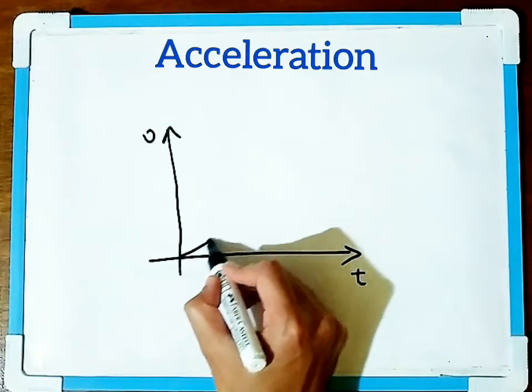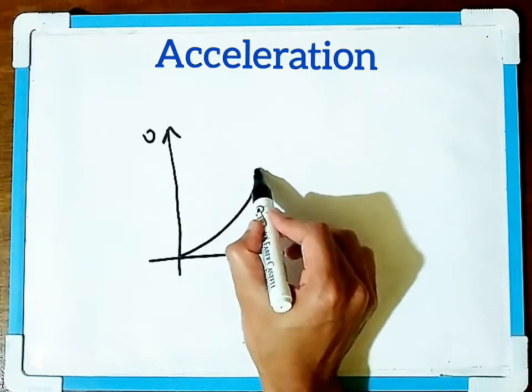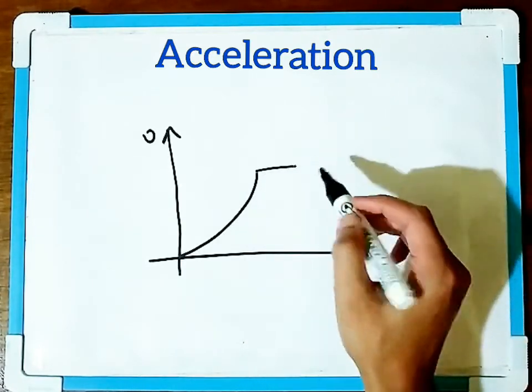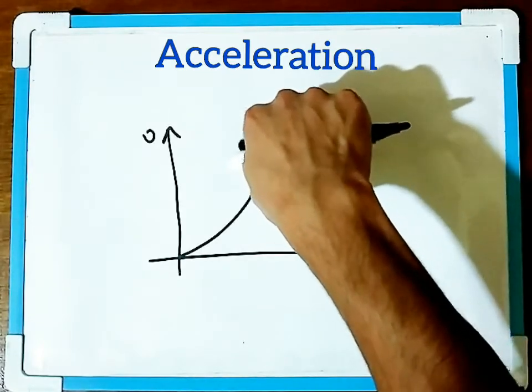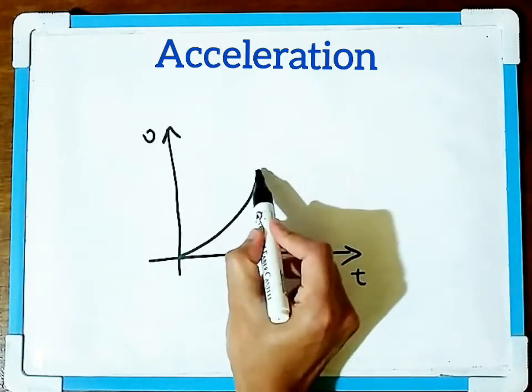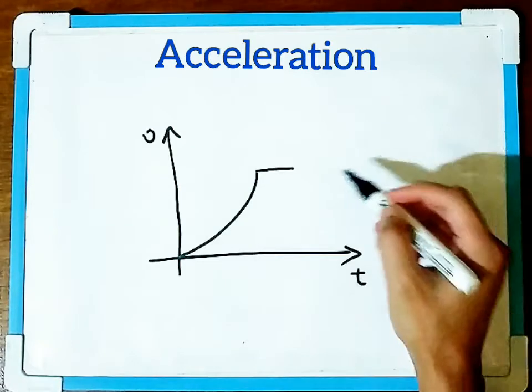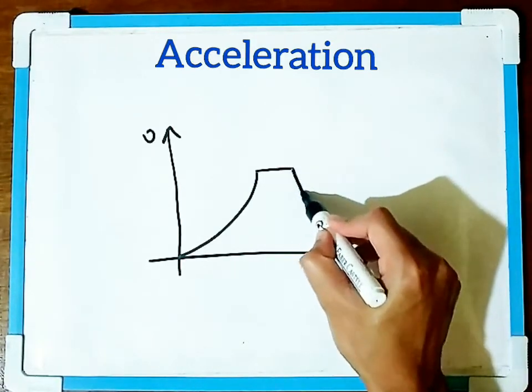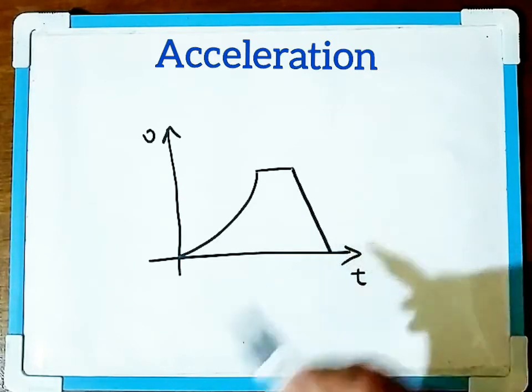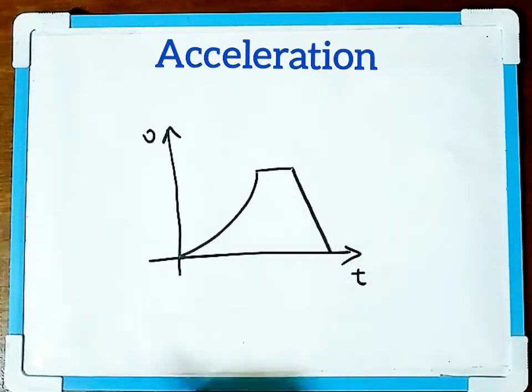In the first case, it is a curve, then it moves at a constant velocity. Then the velocity decreases with time.